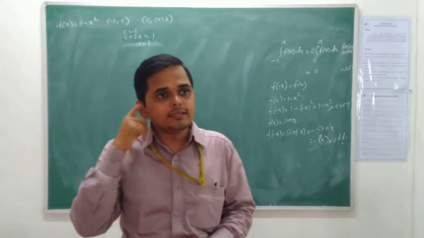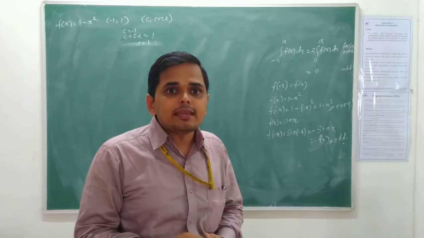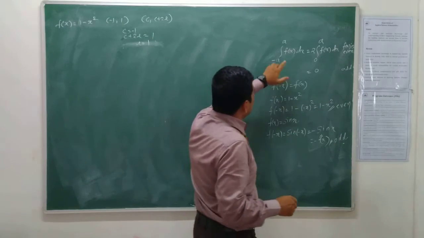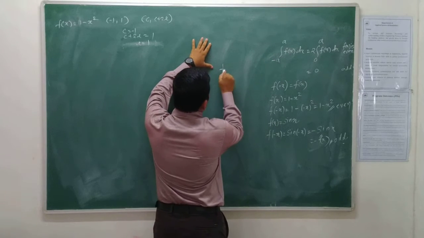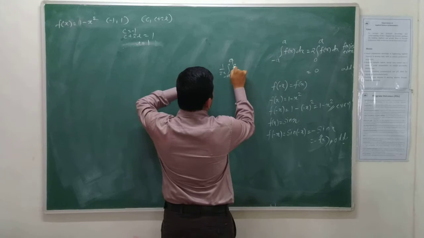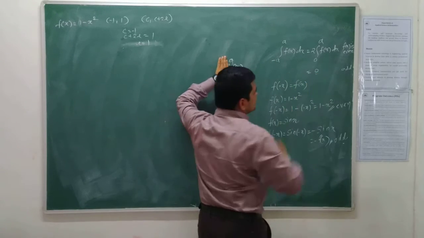Now second, if f of x is an odd function, then what to do? In that case, for a0 and an, for a0 the formula is 1 upon L integration from minus L to plus L, f of x dx. So if f of x is odd, of course it is going to be 0.